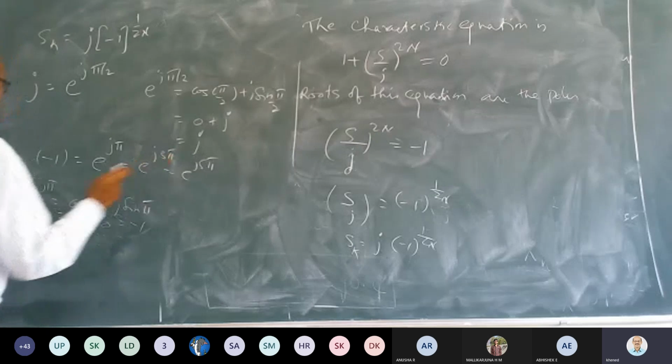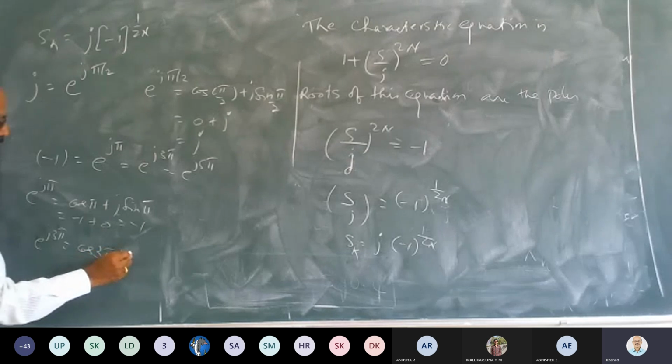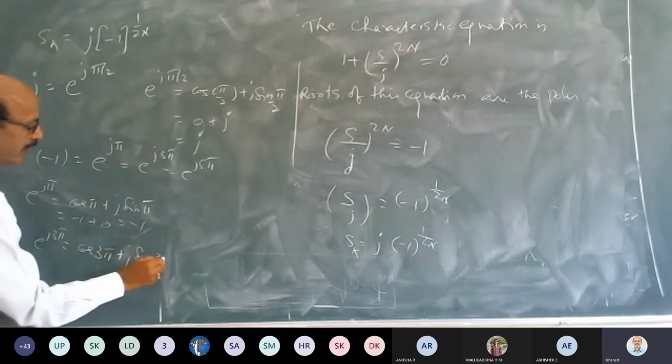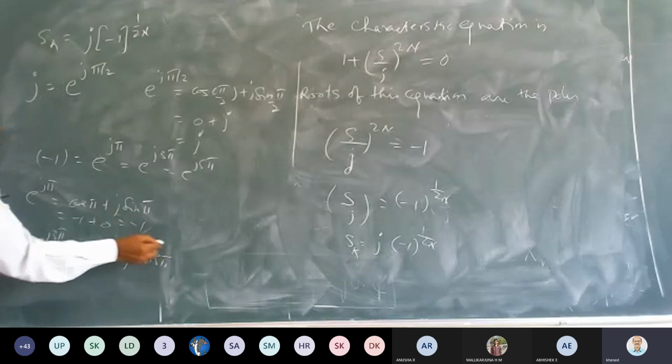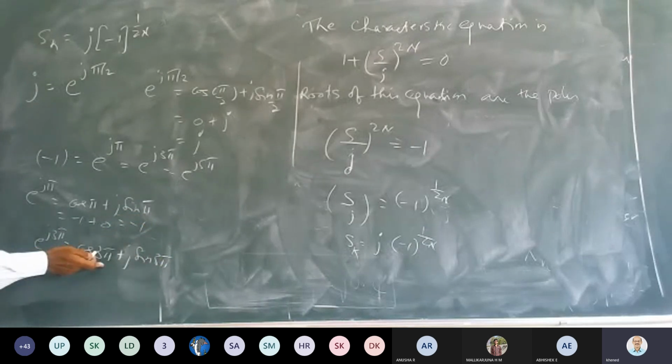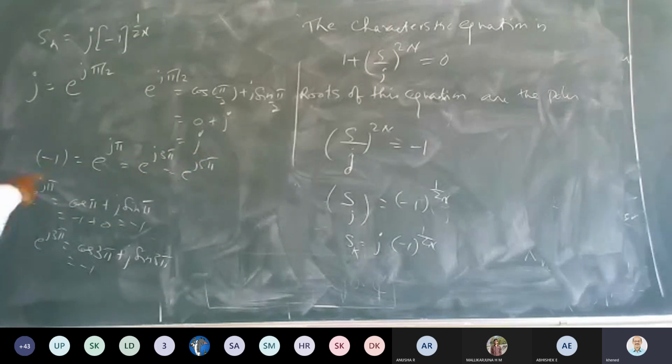Because suppose if I take e power j into 3 pi, it can be written as cos of 3 pi plus j sine of 3 pi. Sin pi, sin 2 pi, sin 3 pi, all these values are zeros only. What about cos 3 pi? Cos 3 pi is same as cos pi, that is nothing but minus 1 only. Therefore, even for e power j 5 pi also we get minus 1.